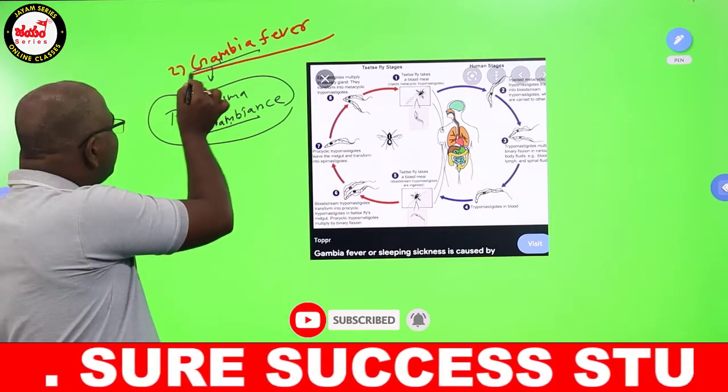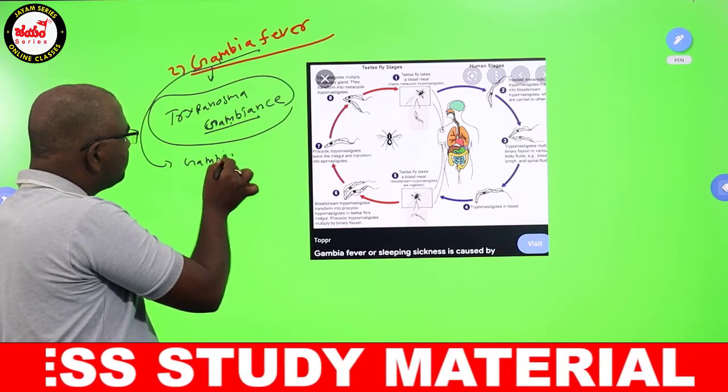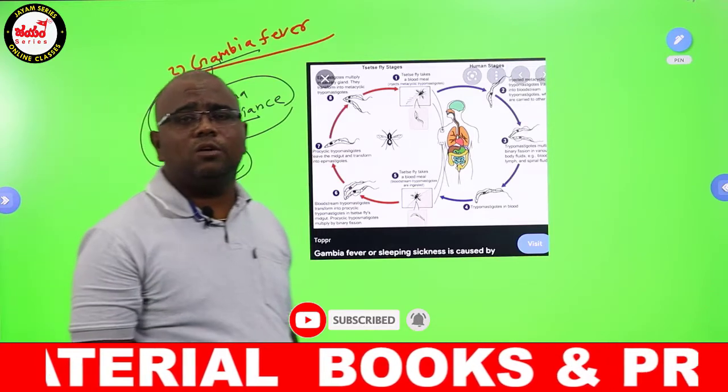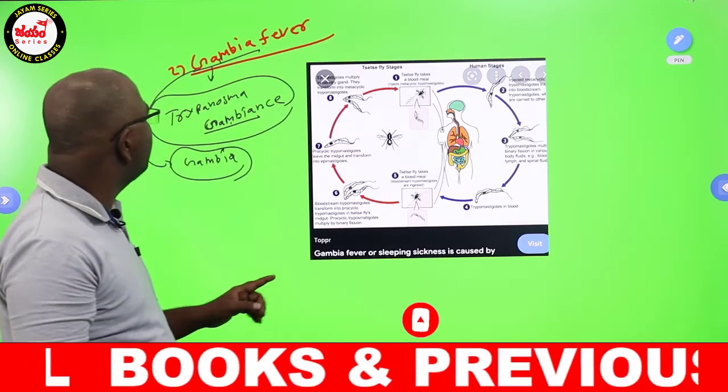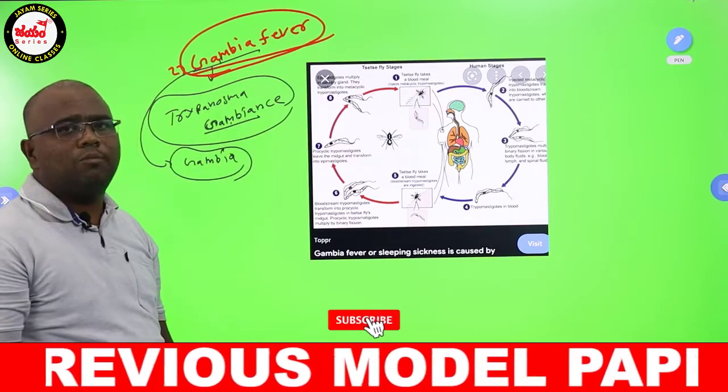This disease is seen only in Gambia. That's why it is also called Gambia fever.